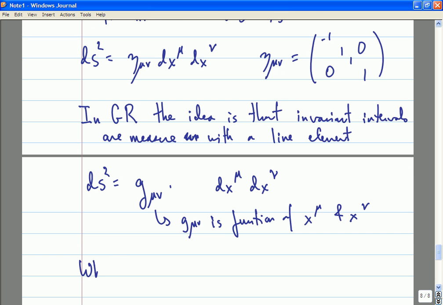So, in order to understand that, I will need to provide some motivation for the statement that gravity is equivalent to allowing the metric of spacetime to be non-constant. And in order to motivate that, we will need to understand something which is known as the equivalence principle.